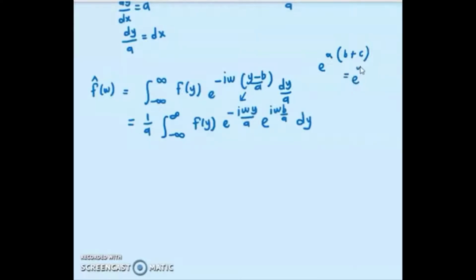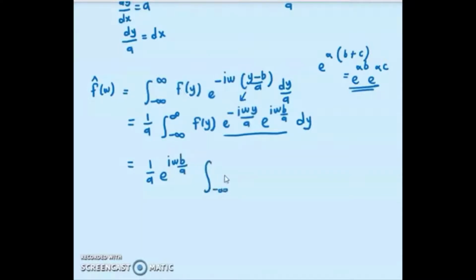You have e to the alpha b times e to the alpha c. This is what happened here. This has nothing to do with y, so I can bring it out as a constant. So I have 1 over a, e to the i omega b over a.